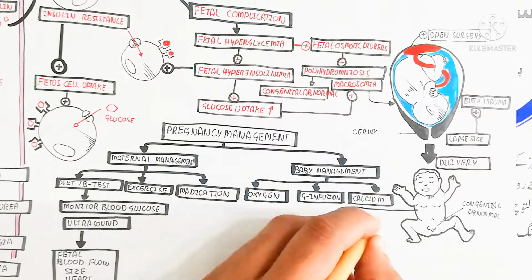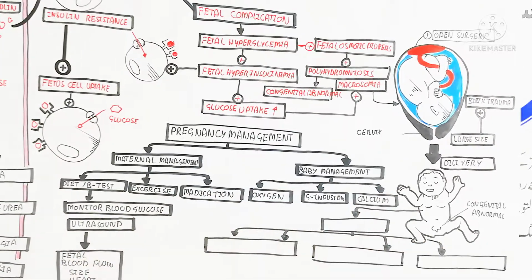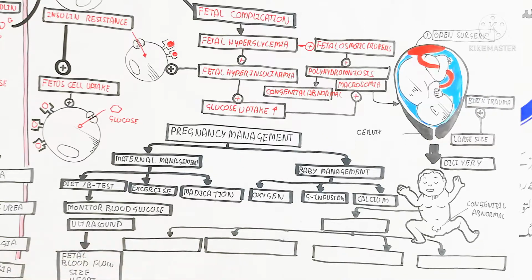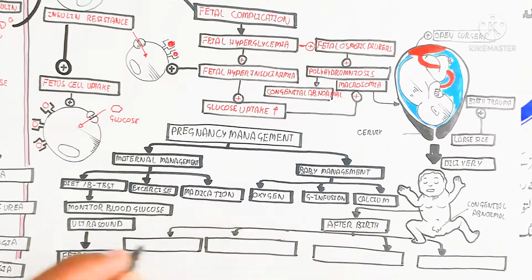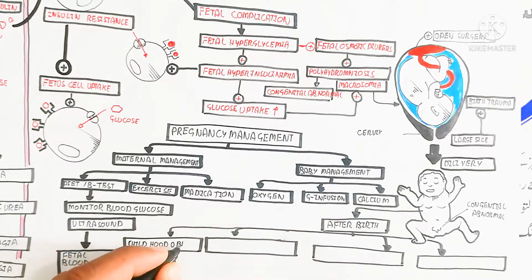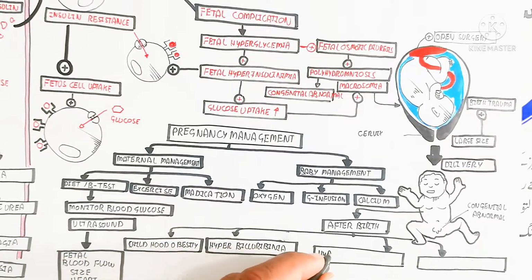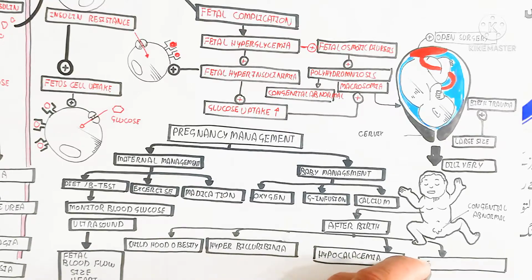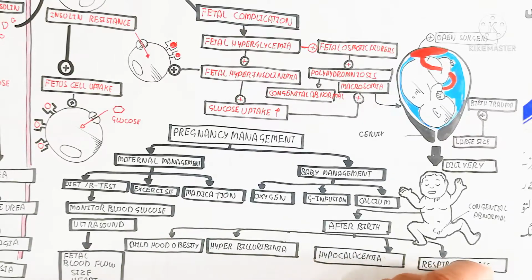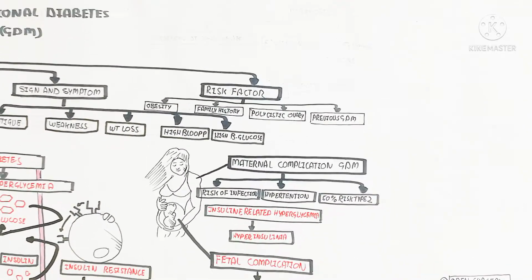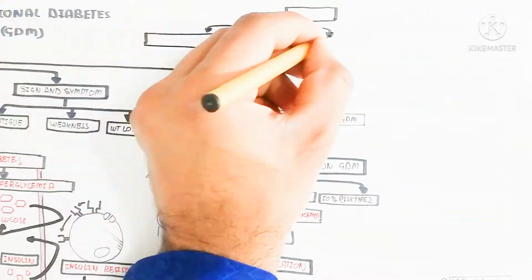While baby management is oxygen providing, and glucose infusion through a drip, and calcium is also provided. And after birth it can be childhood obesity, hyperbilirubinemia, hypocalcemia, as well as respiratory disease. We can manage it with continuous checkups.